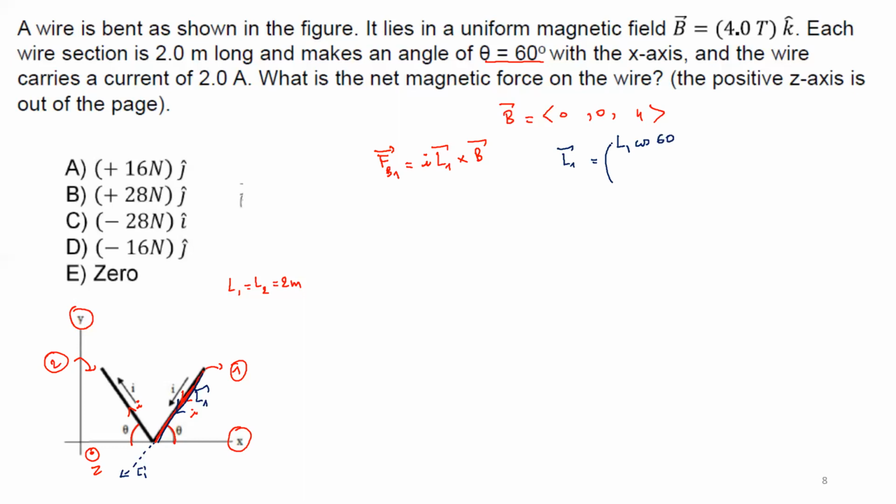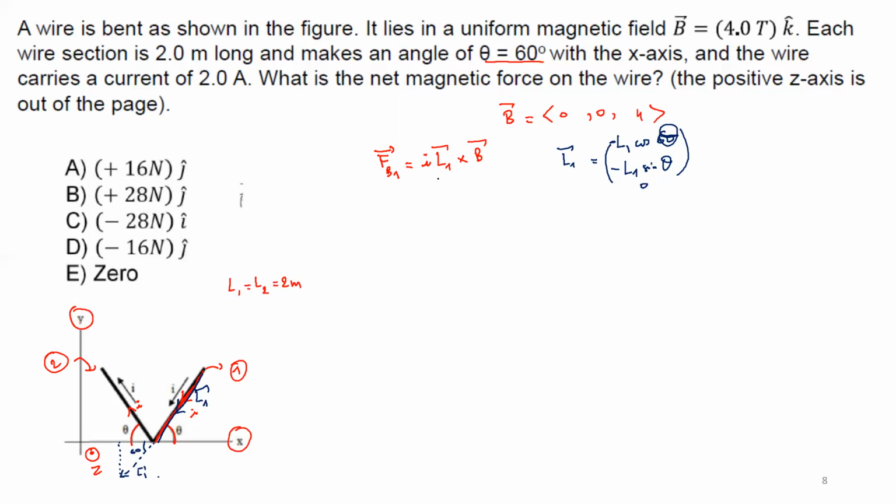But don't forget to take a minus sign because L1 is in the 3rd quadrant, okay? So it has a negative X component and a negative Y component. So here I have minus L1 cosine theta. And L1 along Y is minus L1 sine theta, and L1 along Z is 0.